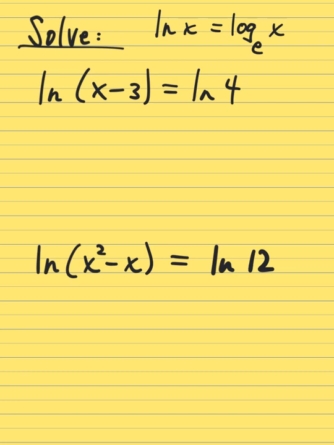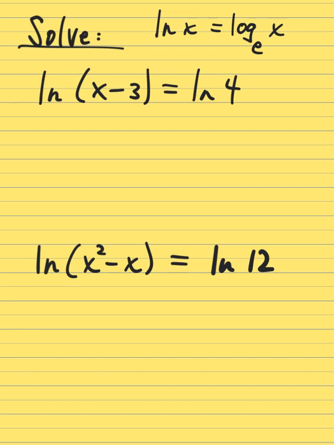That's just one special type of logarithm. Another thing to keep aware of is if you see log without a base number, it's an assumed 10. That's a common logarithm. Natural logarithm has a base of e. Common logarithm has a base of 10. Any other base, you will see a number like 2 or 3 or 5 or whatever.